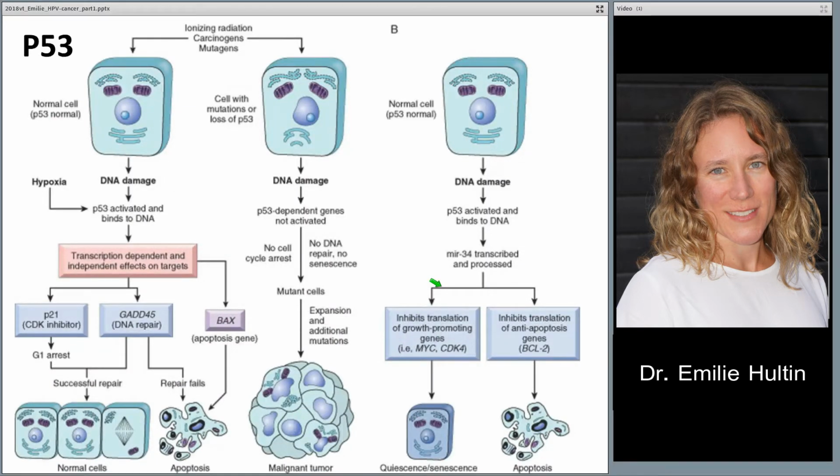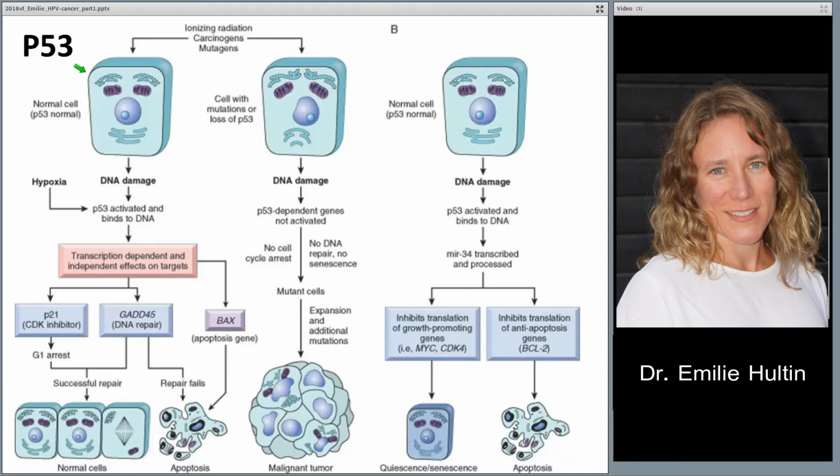So here we see a big picture of different examples of p53 action within the cell. Looking at this, there are three different examples. So in the top left corner, we have a happy cell with a normal p53.